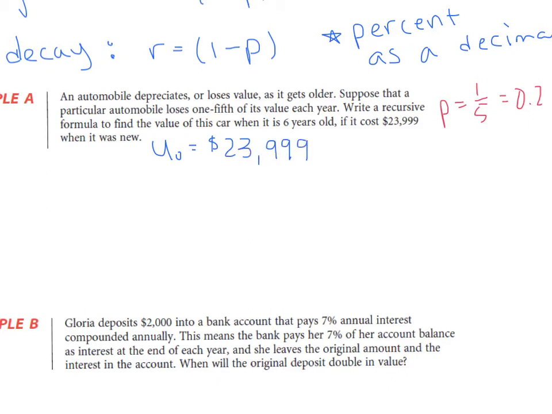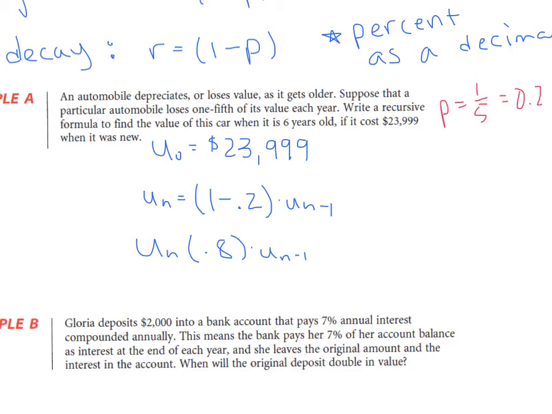Now our rule is going to be u sub n equals, now we are depreciating, which means we're talking about a decay problem. So that's 1 minus our p-value, which we already found, as 0.2 times u sub n minus 1. Now we can take that a step further and simplify: 1 minus 0.2 is 0.8 times u sub n minus 1. But you don't have to.